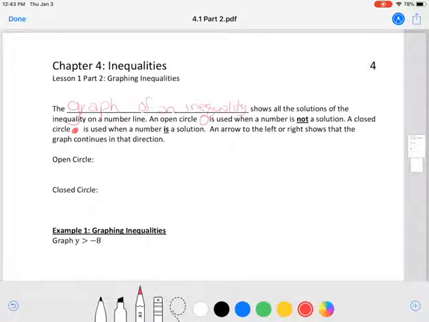If you guys remember yesterday when we were talking about the inequality signs, the greater than and the less than signs, these do not include the number.